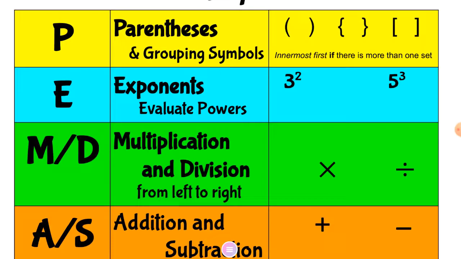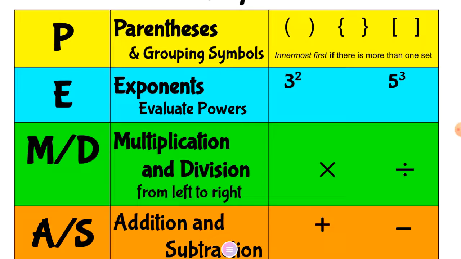So we're going to talk about why now. So anytime we have an order of operations problem, anytime you have a problem with lots of different math symbols in it, add, subtract, multiply, divide, you look for parentheses first, okay? We know what parentheses are, but it really includes all grouping symbols, okay?